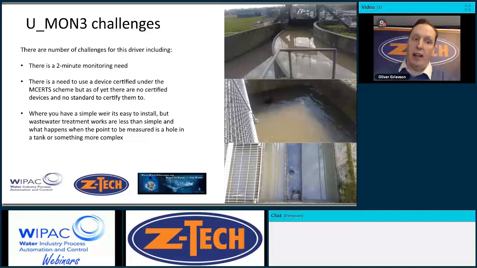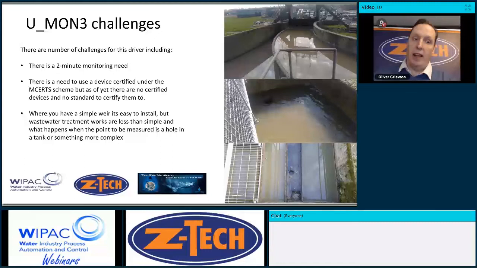Now, my rough calculation of the amount that's got to be spent is around 1.5 to 2 billion across the industry. That's an awful lot of investment. So 5 drivers, and I'll go through each one in turn. First is UMON 3, and that's measuring when something passes over the storm weir and passes over the storm tank.